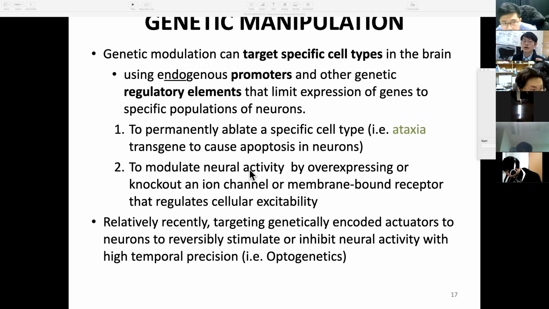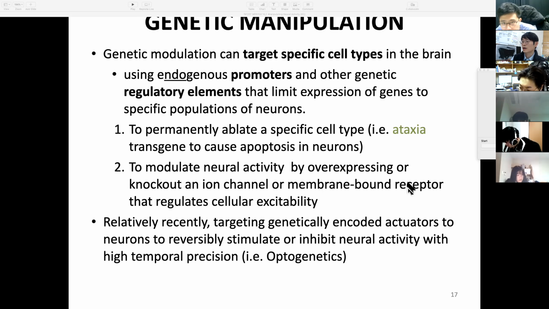And you can modulate neural activity by overexpressing or knocking out ion channels or membrane-bound receptors, which will regulate cellular excitability. You know how action potential works, but these ion channel overexpression and knockout will modulate neural activity.